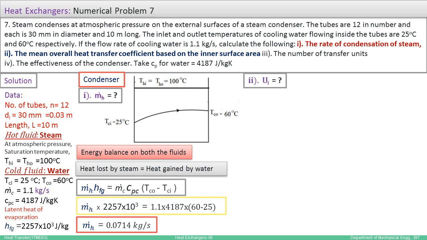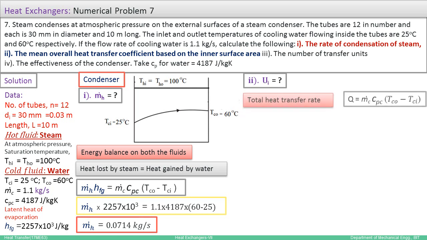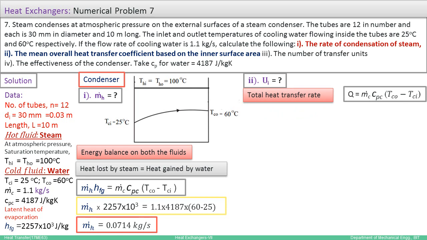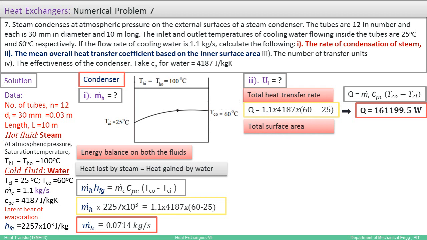And the next part is to find out the overall heat transfer coefficient based on inner surface area. Total heat transfer rate equation is Q equal to m dot c into cpc into tco minus tci, and all the values are known for m dot c, cpc, tco and tci. We can find out the Q value as 16119.5 watts.